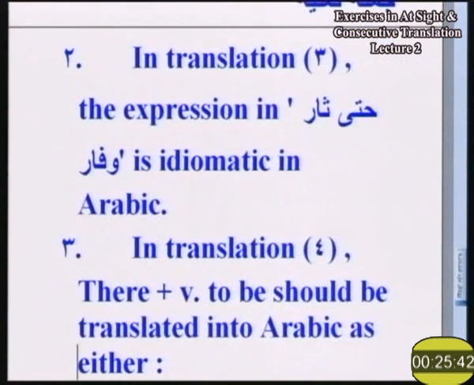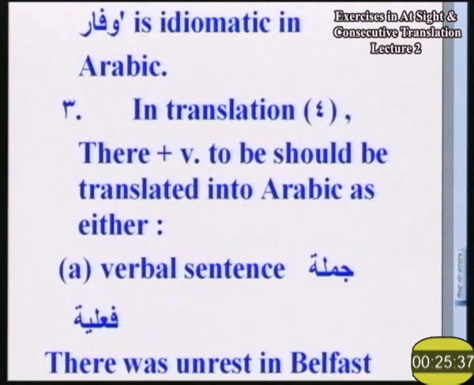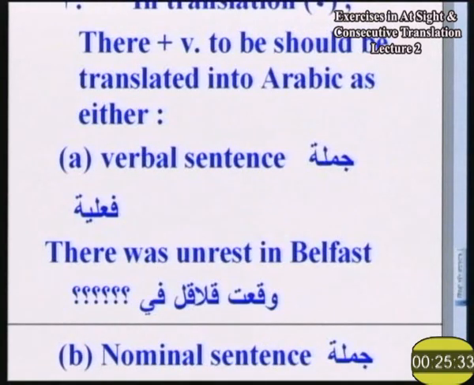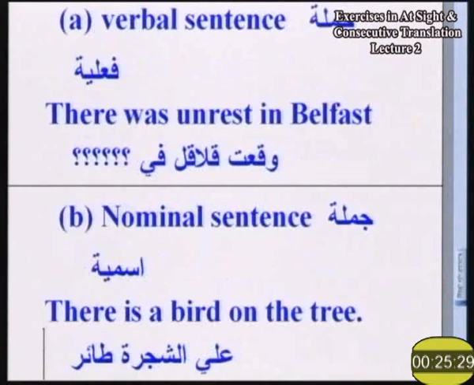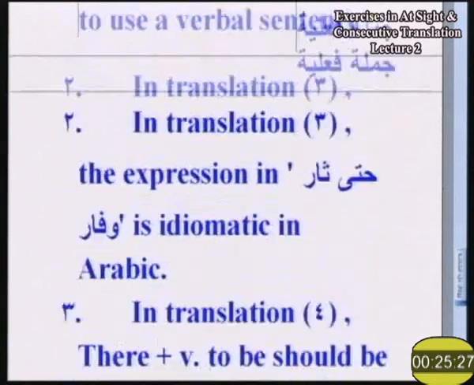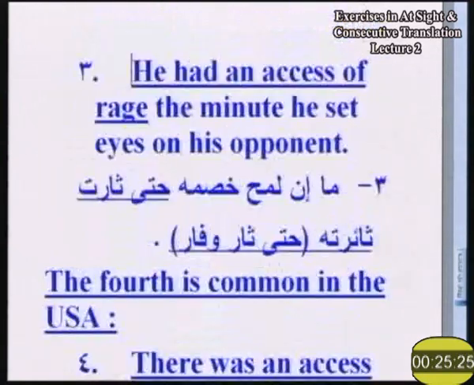In translation 4, there plus verb to be should be translated into Arabic as either جملة فعلية and sometimes جملة اسمية.